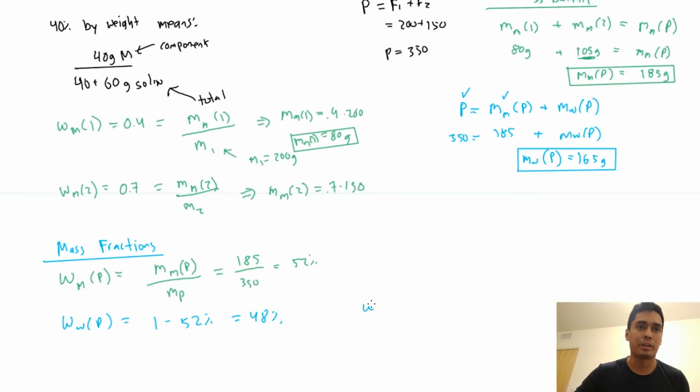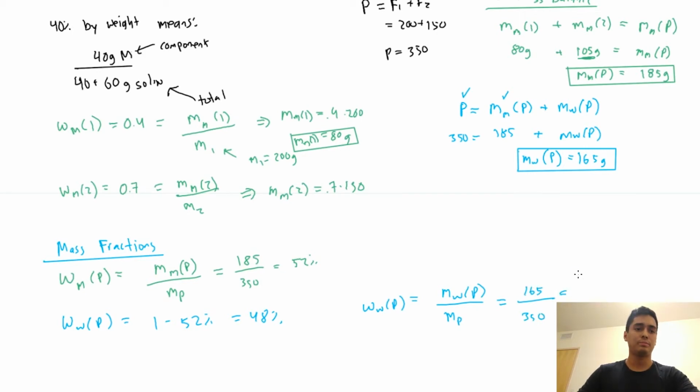So the mass fraction of the water in the product is going to be the mass of the water in the product, right, divided by the mass of the product. And we said that the product is 350, and the mass of the water in the product is 165.